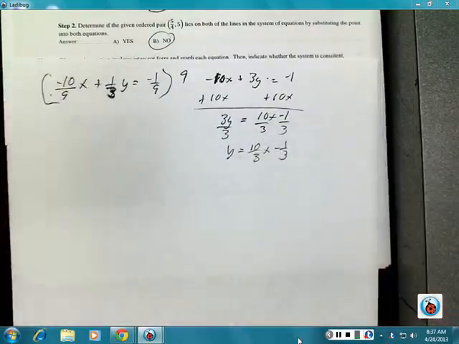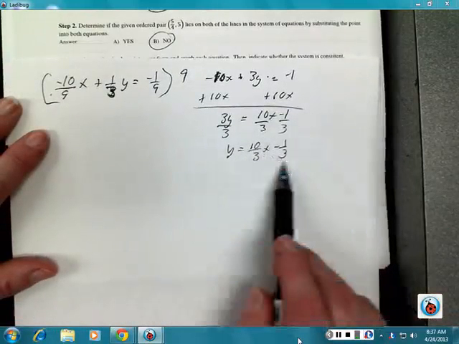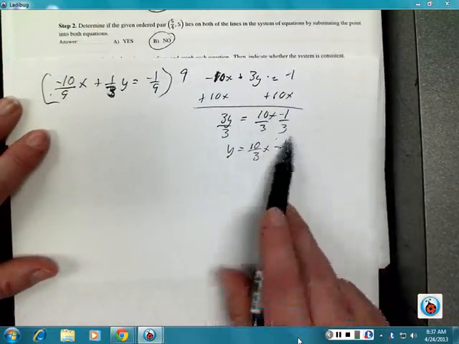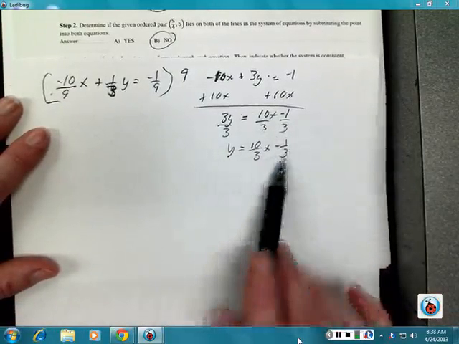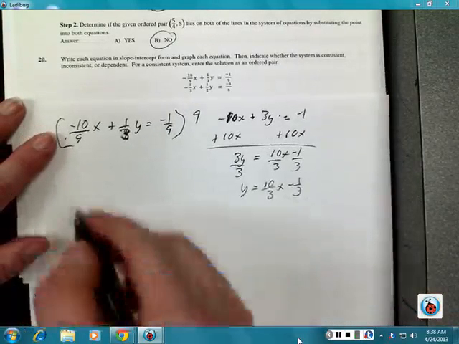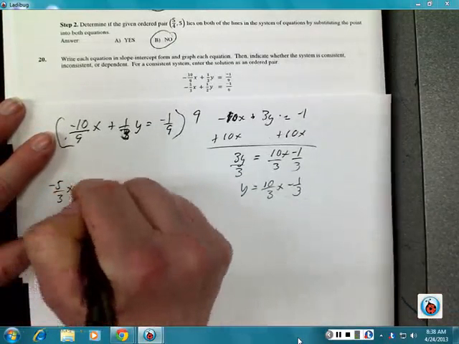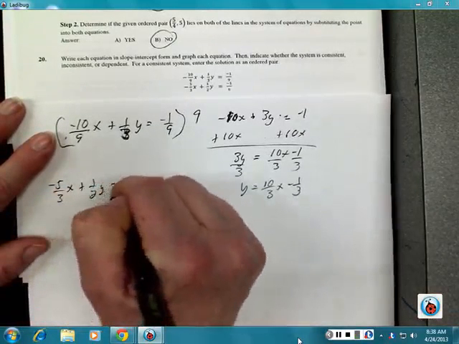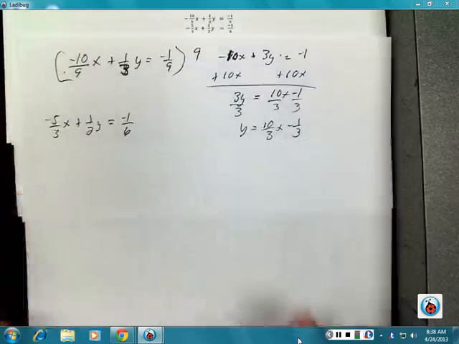So my slope is 10/3. My y-intercept is negative 1/3, and so I would end up finding those. If I take my second equation, which is negative 5 over 3x plus 1/2 y equals a negative 1 over 6, what's its common denominator?